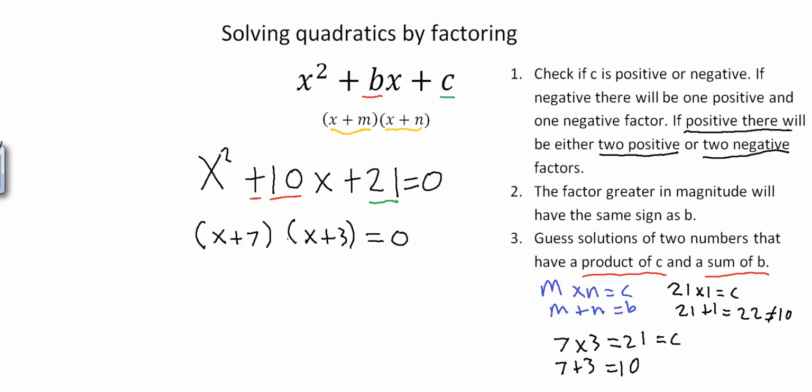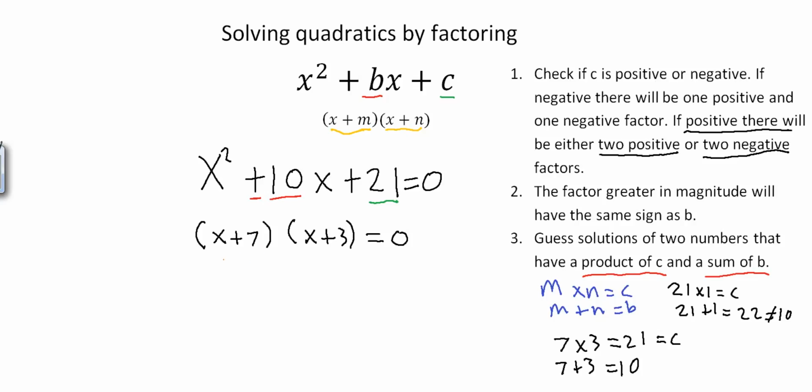Now, in this equation, if these two factors have a product of 0, that means if either one of these factors is equal to 0, then the whole equation will be equal to 0.